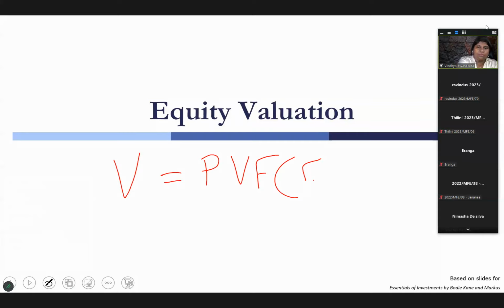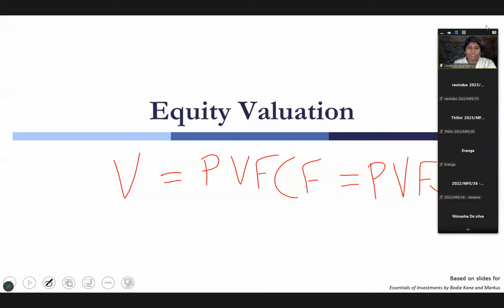But now, what are the future cash flows that we're considering? We're looking at the present value of its future dividends, because the rationale is, as an investor who's investing from the outside, not as part of the company, but a person who's taking ownership of the company from the outside, what are your cash flows? Your cash flows are your dividends.